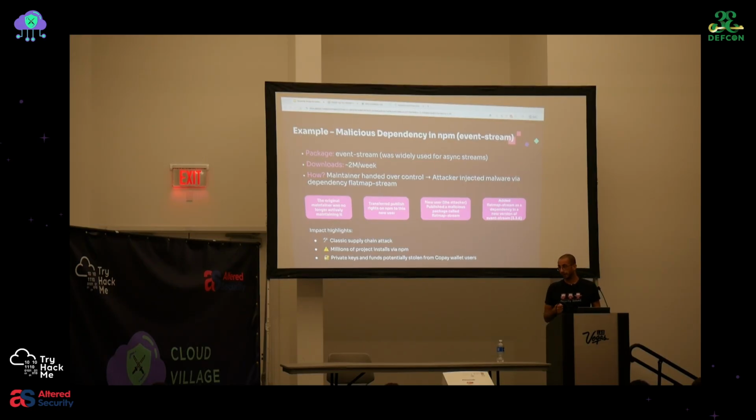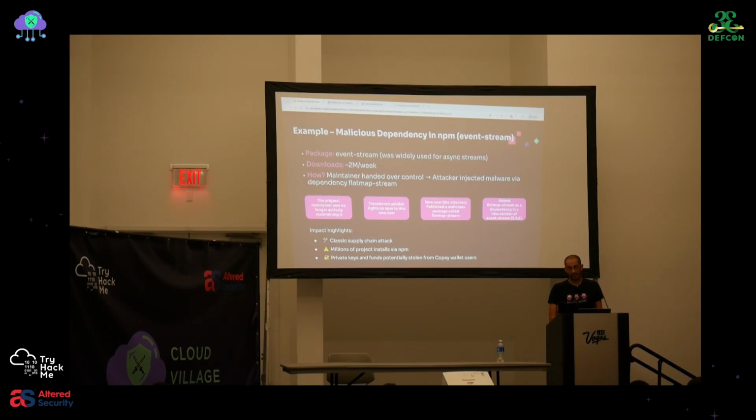So what he did, he created another package called flat map stream. Well, it was a very unpopular package at that time. He added a vulnerability inside that package, and he made event stream use that package in a minor version. So it's really below the radar. People started to use it, of course, because it was very popular.